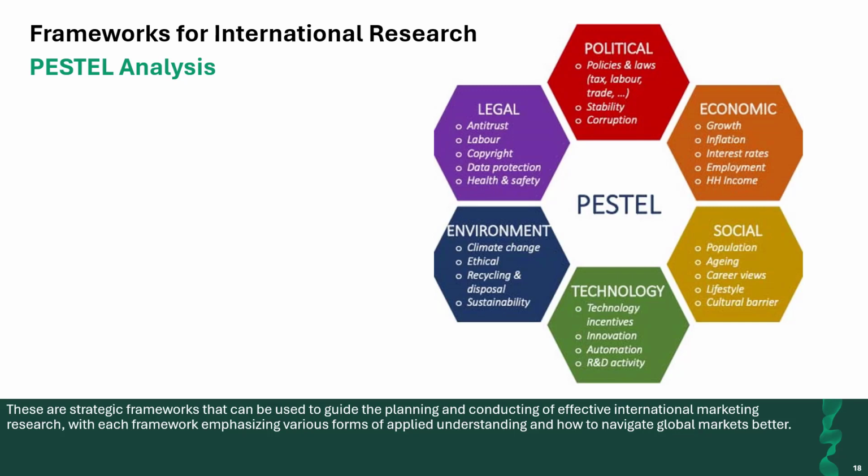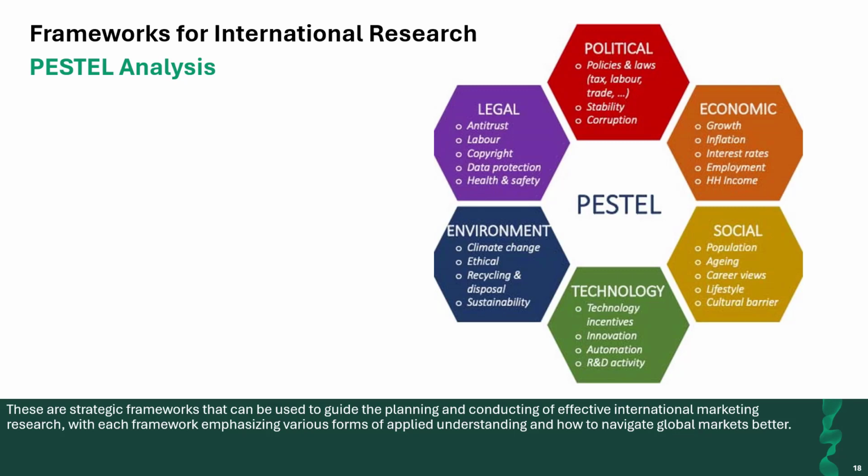Next, economic factors are considered, which affect how an organization does business and its profitability. These include, for example, economic growth rates, exchange rates, inflation rates, and other economic indicators that influence market conditions and business performance. Social factors, the third one, analyze the shared beliefs, attitudes, and behaviors of the population. This includes demographic trends, cultural norms, lifestyle changes that affect consumer behavior and demand for products and services.